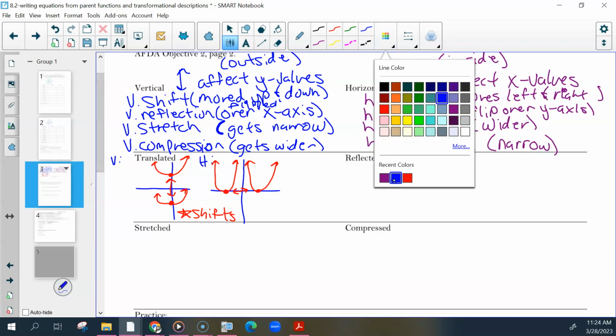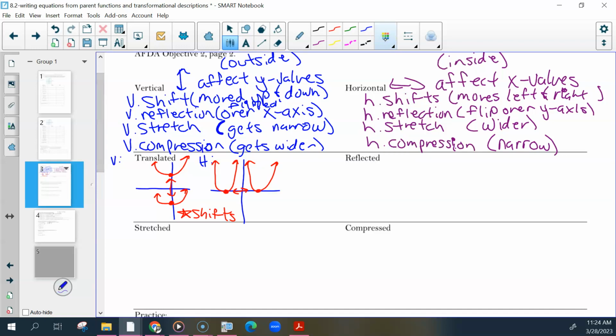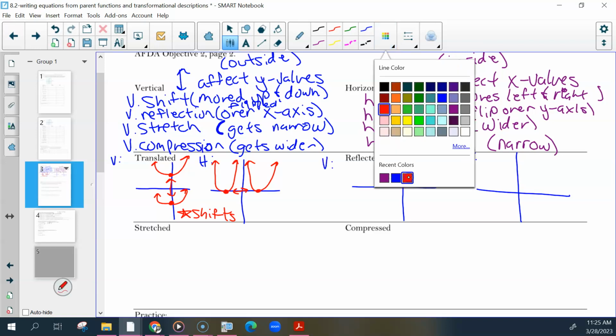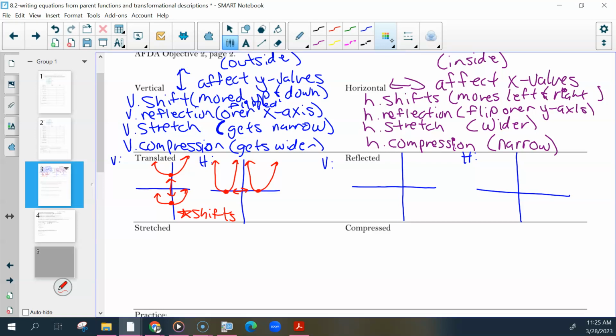So then once you have those drawn, go ahead and do another two axes for reflected. And label them V and H. The vertical reflection is flipped over the x-axis, so if it normally faces up, now it's facing down.